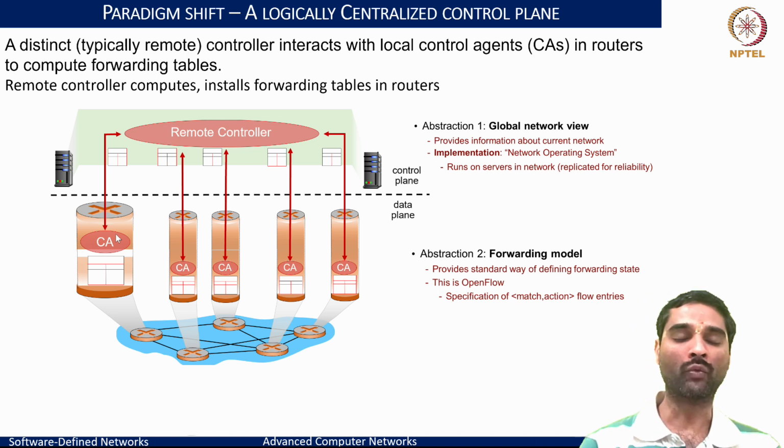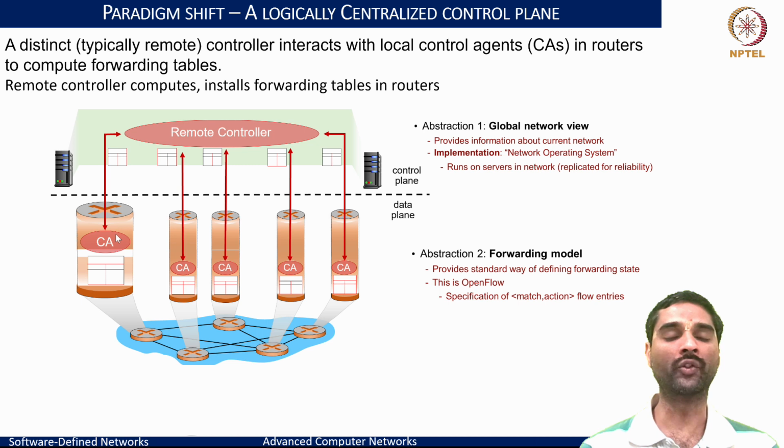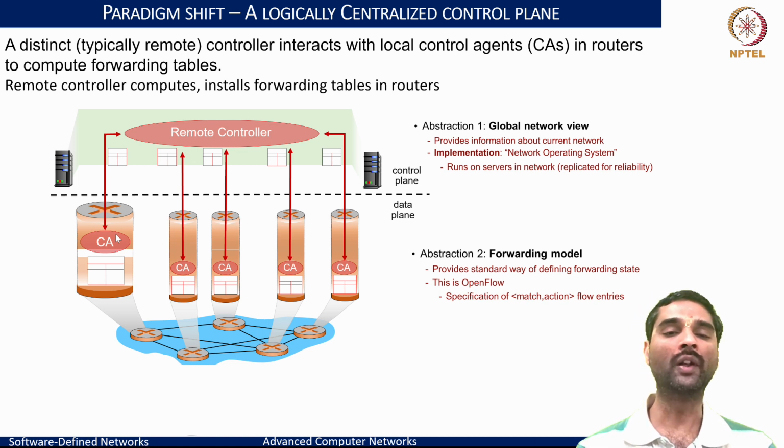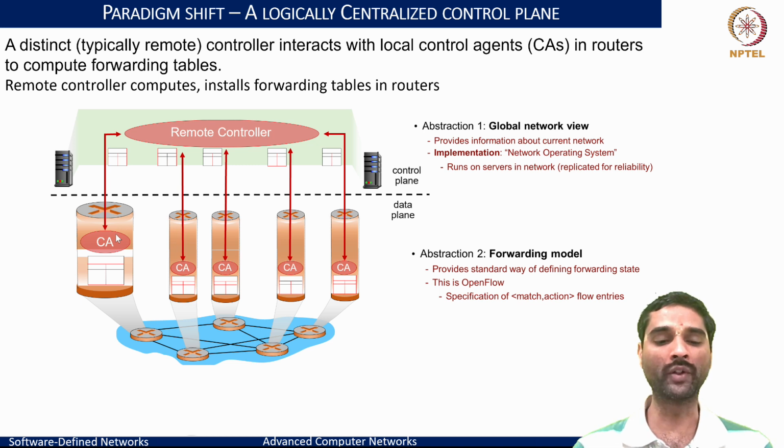So whether one of the routers is a Huawei router, another is a Cisco router, or an Arista router, it doesn't matter. What matters is that we have a unified API to push the forwarding table into each of the routers. That's exactly our abstraction 2, facilitated through a control agent that would run on each of these routers and operate on a unified API model from a remote controller, and then do target specific aspects to eventually build the forwarding table in each of the routers.